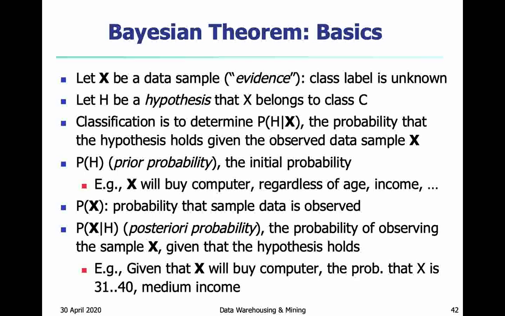Or in some places you will see it called the a posteriori probability. So this P(H|X) is the posterior probability of H conditioned on X, right?